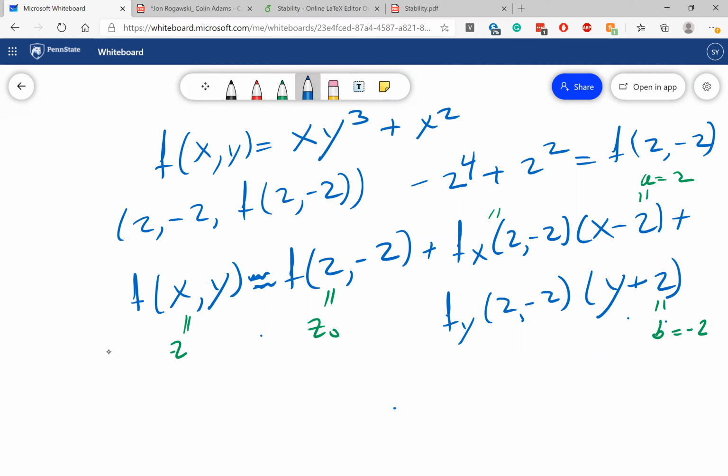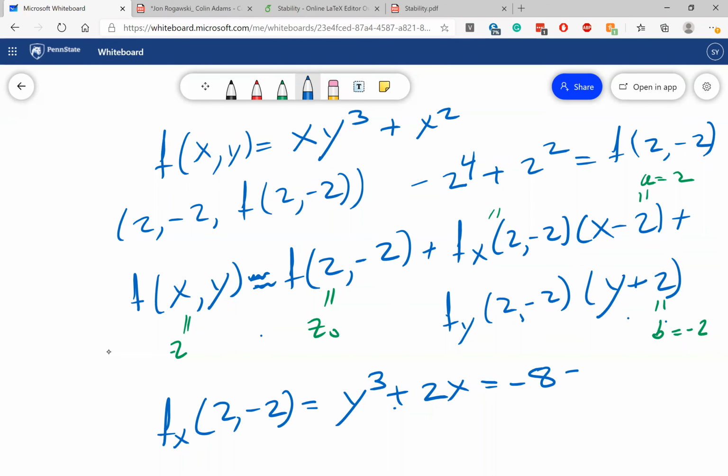f with respect to x at 2 comma -2 is going to be y cubed plus 2x, which is -8 plus 4, which is equal to -4. f with respect to y at 2 comma -2 is 3x y squared.